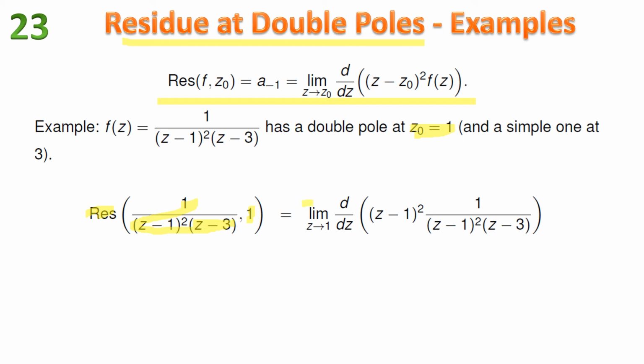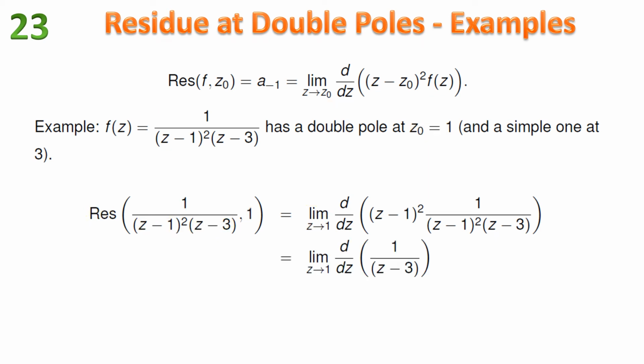So this is equal to the limit as z approaches 1 of d/dz of this function. Here you can very clearly see that we can cancel out (z minus 1) square in the numerator and in the denominator, and we are left with 1 upon z minus 3. We have to find the derivative of that, then we have to find the limit.